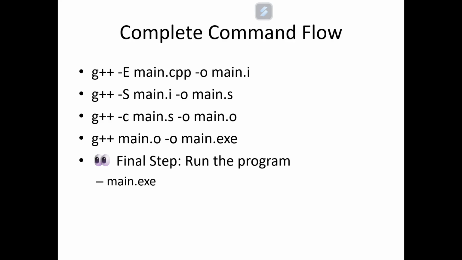To summarize, we executed these commands in sequence: g++ -E main.cpp -o main.i, then this one and this one, and at last this one which produced main.exe. Then we ran main.exe to see the output.